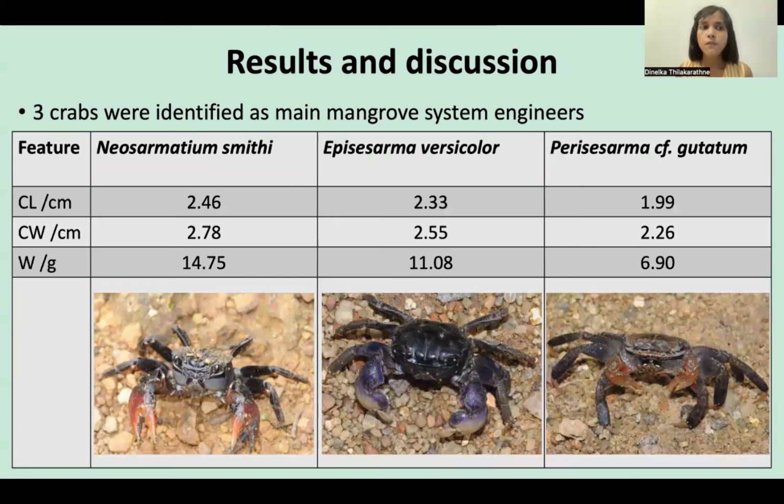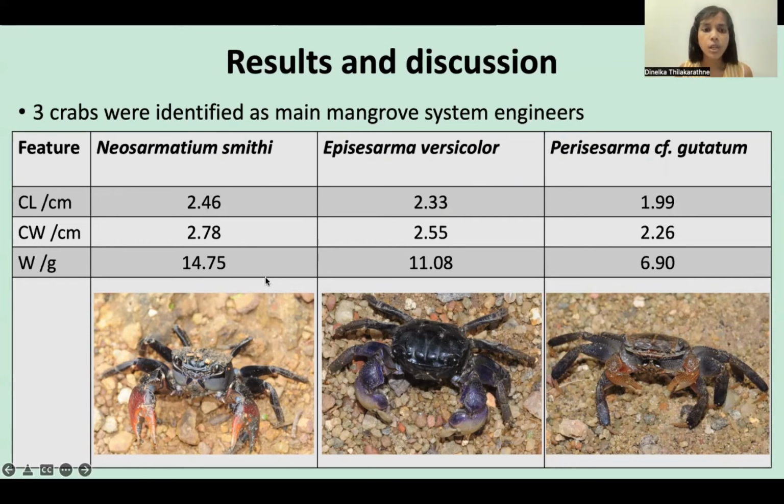During this survey, we were able to encounter 3 crabs from this mangrove ecosystem. So they are the main contributors for this biological process of carbon sedimentation in the mangrove ecosystem in Sri Lanka. Neosarmatium smithi, Episesarma versicolor, and Perisesarma guttatum were those 3 species.